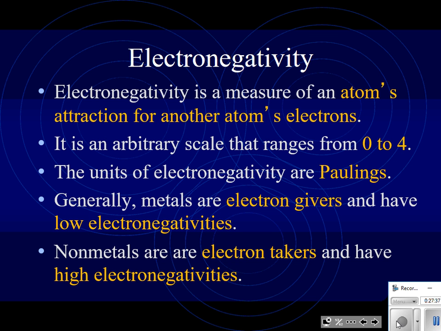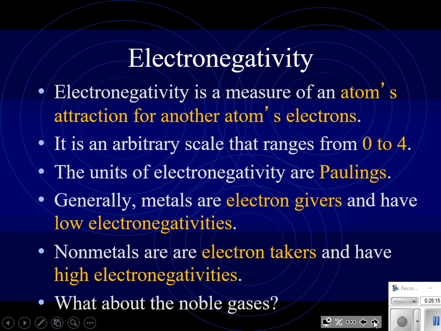They're one step away from filling their outer shell, because remember, the filled shells are where the noble gases are. Do you think they want to attract electrons? Yeah, then they'll be filled. So metals generally have low electronegativities. Nonmetals generally have high electronegativities. They want to add electrons.